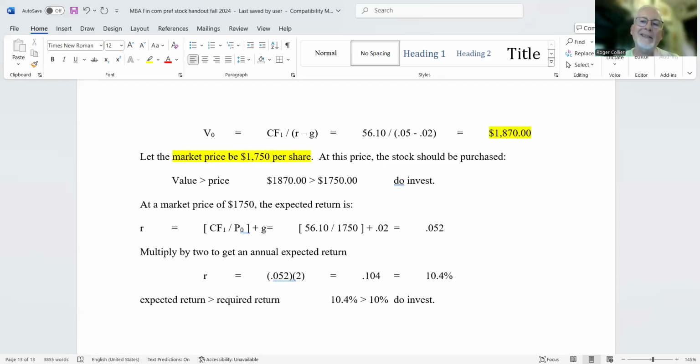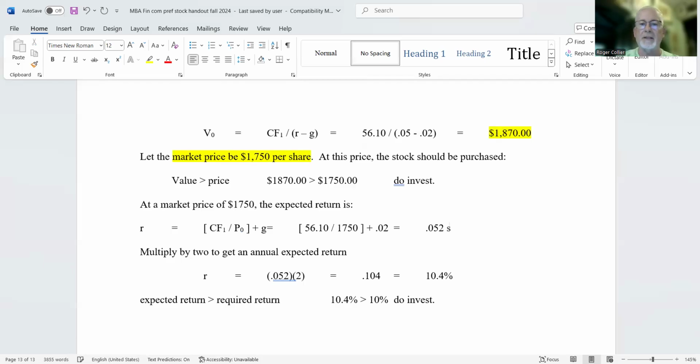Right? Take it the next step to find the expected return. Right? That upcoming dividend divided by price. Then all of that plus G. Our dividend was 5610. Our price, not value, our price is 1750. All of that plus G, semi-annual growth, gives me 5.2%.